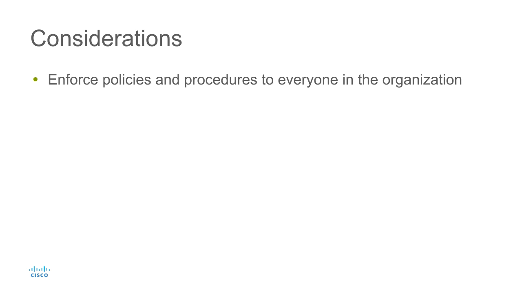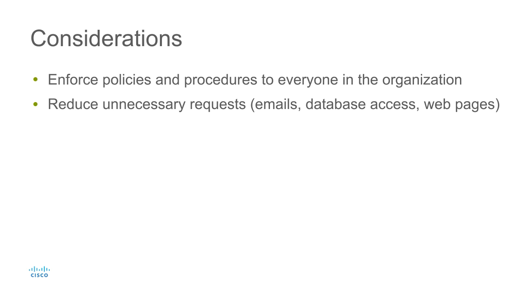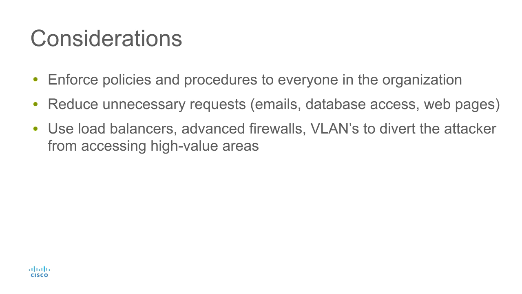Security policy can be properly enforced and used as a mechanism to prevent internal attacks. And we also want to reduce unnecessary requests, such as emails, database access, and web pages, and alternatively, we can use load balancers, advanced firewalls, and VLANs to isolate users and to divert the attack from accessing more high-value areas in the network.